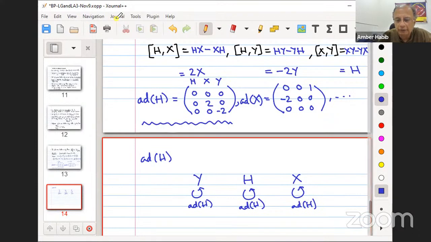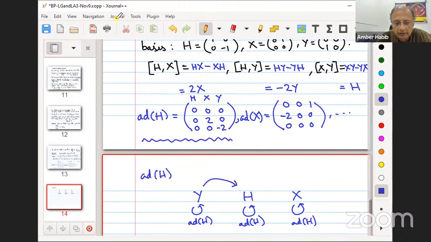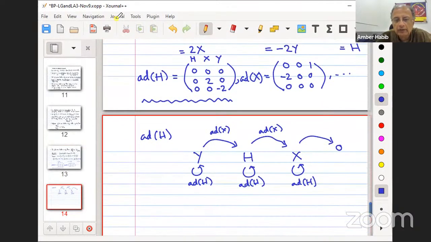Now, what is ad x doing? When ad x hits y, it sends it to h. So ad x moves things like this. And when it hits h, it sends it to a multiple of x. When it hits x, of course, it sends it to 0. And what is ad y doing?